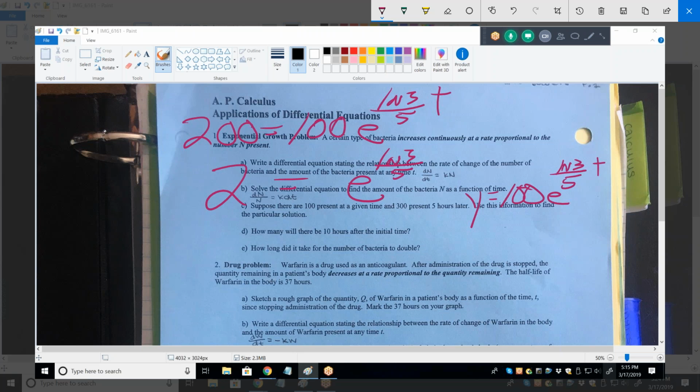And make sure that's not the natural log of 3/5. It is different. Now what? Okay, so the natural log of 2 equals natural log of 3 divided by 5 times t. So t equals what?